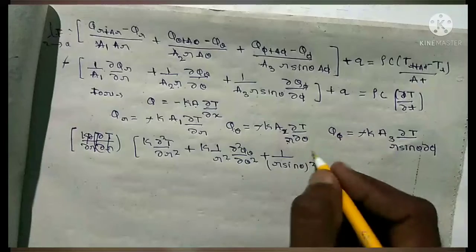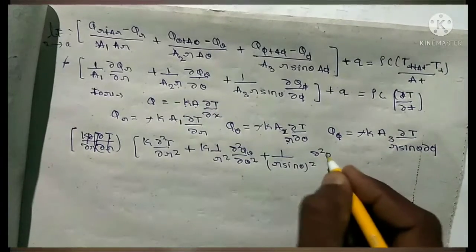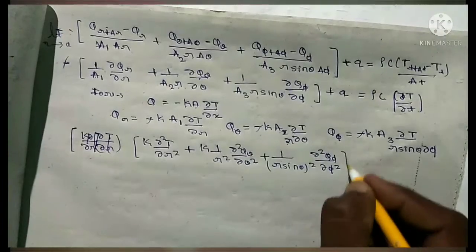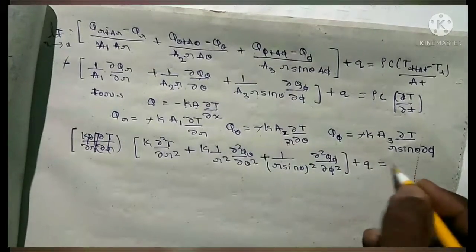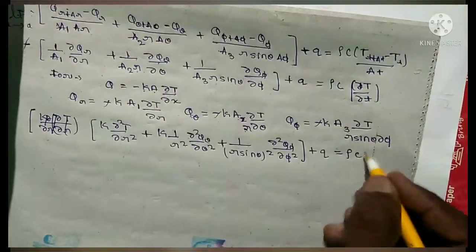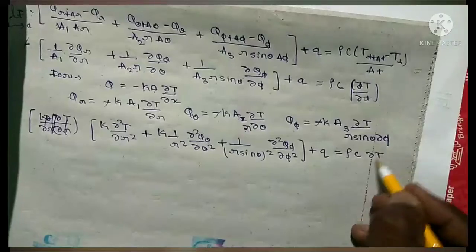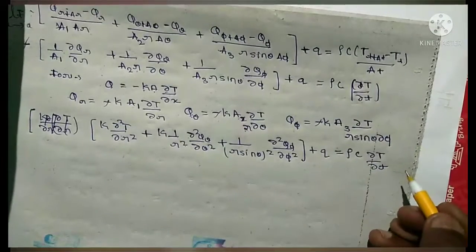Here a3 gets cancelled. Remaining is ∂²T by ∂phi² plus q is equal to rho c into ∂T by ∂t.